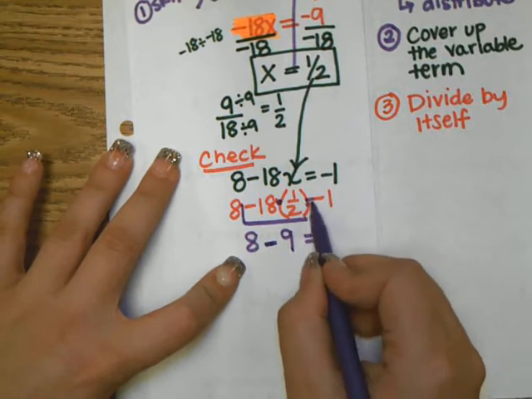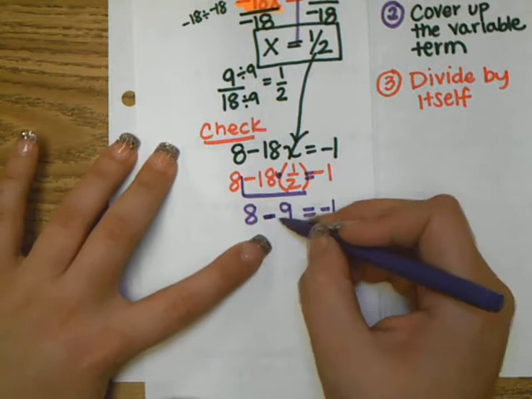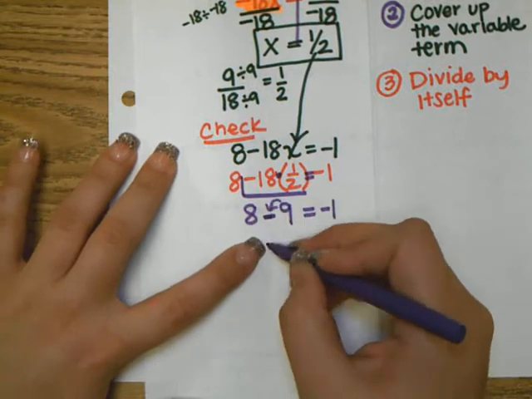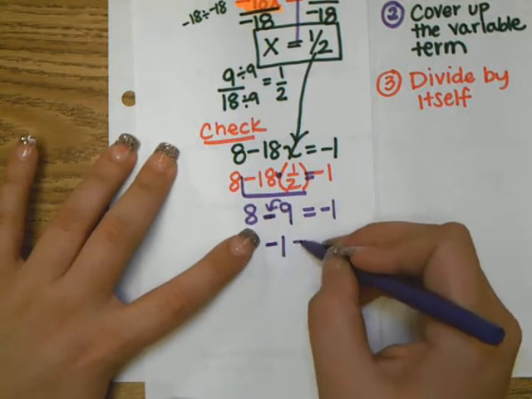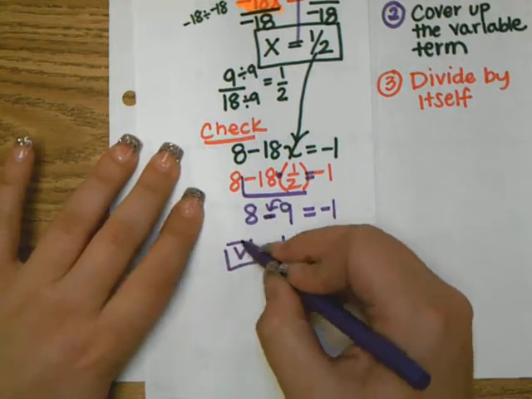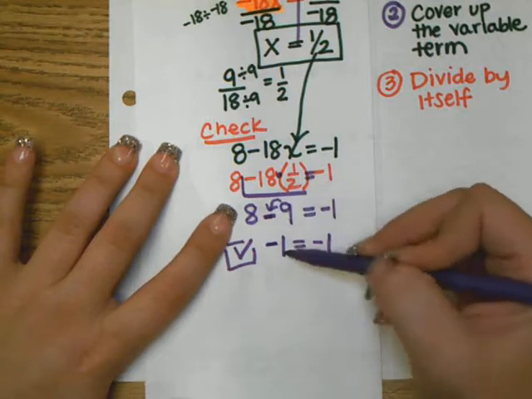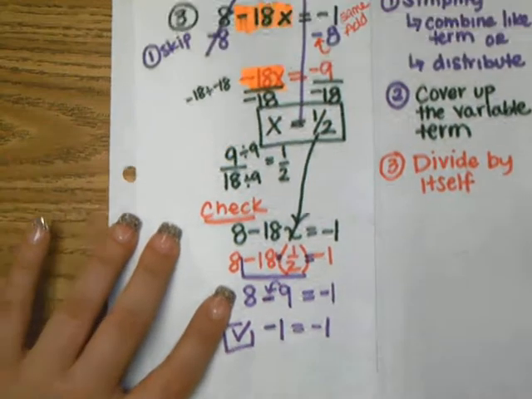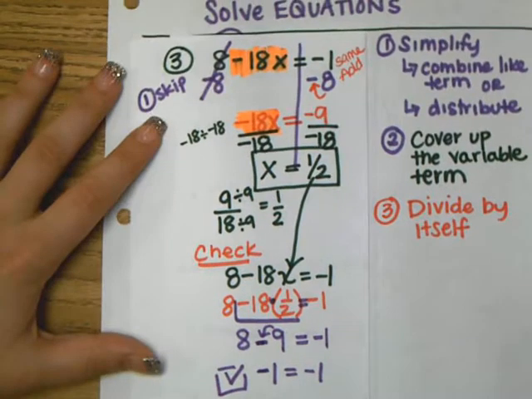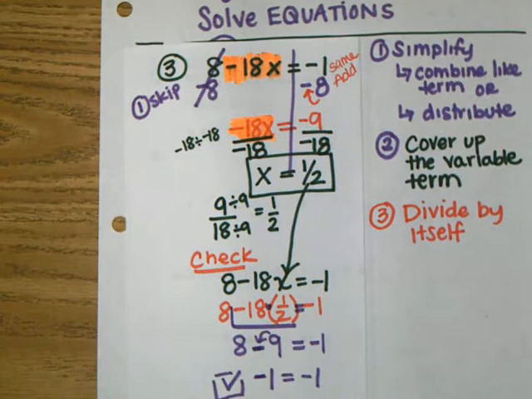Half of 18 is 9. And then I'm going to bring down the 8. Then 8 minus 9, 9 is bigger, so negative, they're different. It works. When I plugged in a half and evaluated here, it gave me the same thing on both sides.